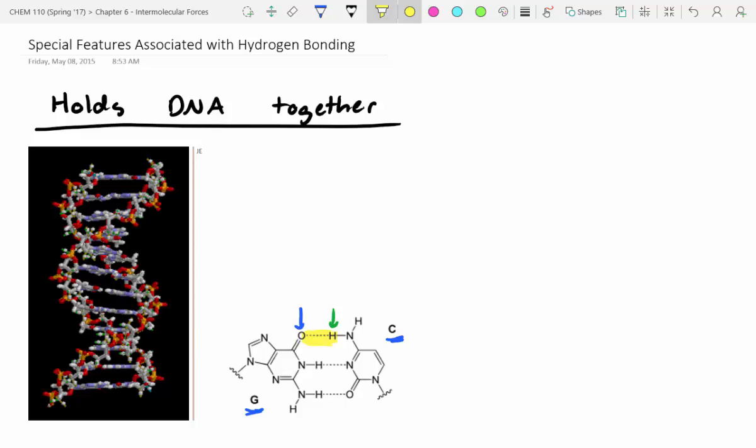So if we go down one more, we've got another situation. Down here, we've got a hydrogen that's covalently bound to nitrogen. And then over here, we've got a nitrogen that's got a lone pair. So again, we're going to get a second H-bond interaction. And then last but not least, we've got a lone pair right here, a hydrogen right here, and we've got a third hydrogen bond.